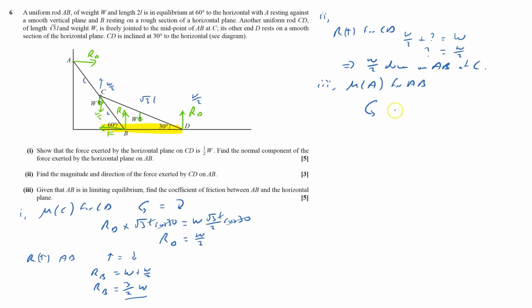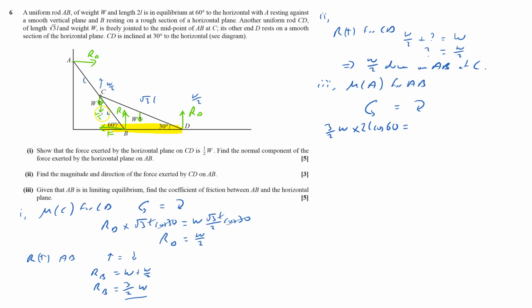That means I'm going to have anticlockwise equals clockwise. What I've got anticlockwise is this RB, so that's 3 over 2 W times the distance. The distance is 2L cos 60.